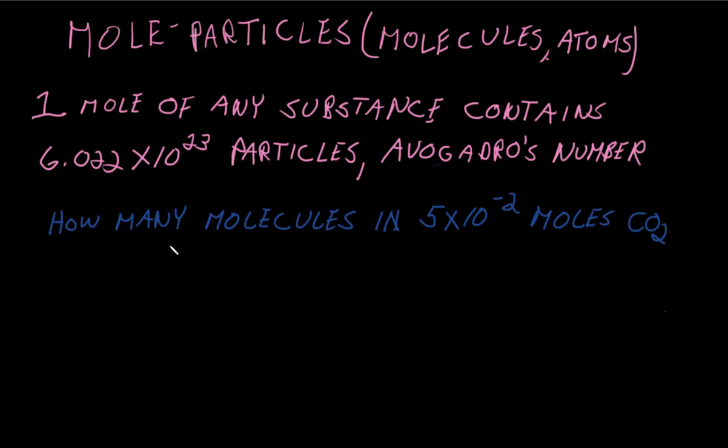The first one says, how many molecules in 5 times 10 to the minus second moles of CO2? So let's start off. We're going to use our factor label method. And we have 5 times 10 to the minus second moles of CO2, carbon dioxide, and this will be our first factor.